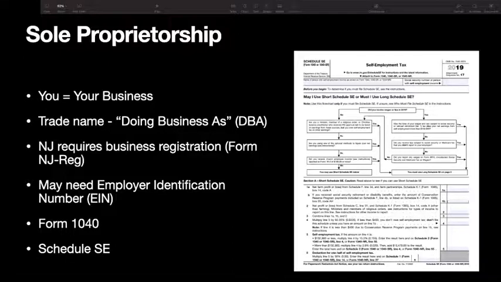However, if you are planning to employ other people, yes, you need a dedicated number for tax purposes, which is called the employer identification number. So you will be the employer who pays one or more employees other than yourself. So again, the profits and losses of the Soleprop go to your own Form 1040 as the attachment form, Schedule SE.